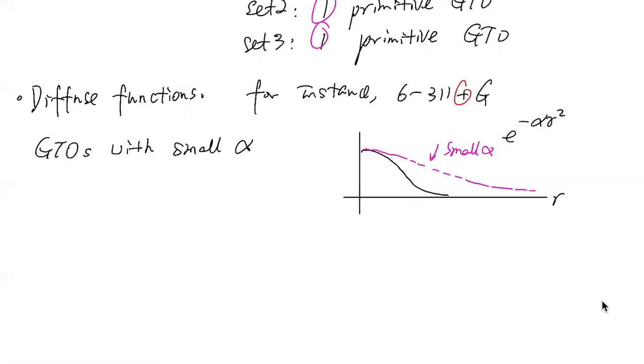That means the electrons are delocalized, and the probability distribution can extend to a further range. That's what diffuse means. This is very useful, for instance, for anions or pi conjugated systems, where you often want to add diffuse functions.